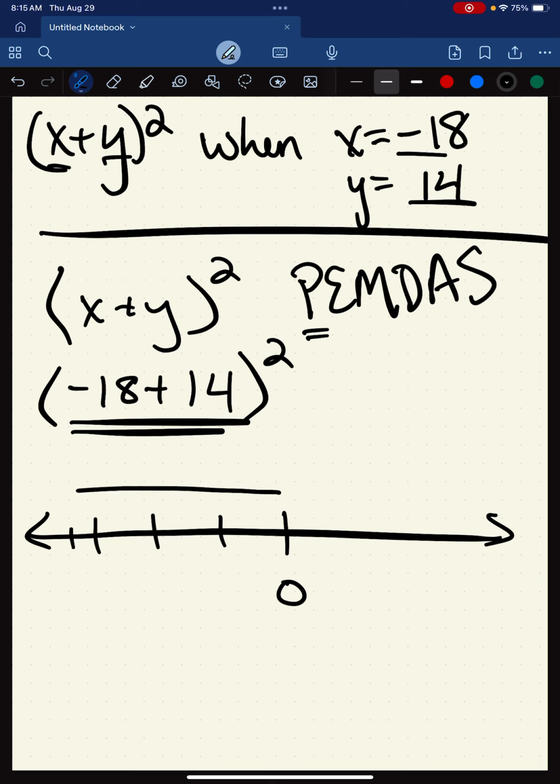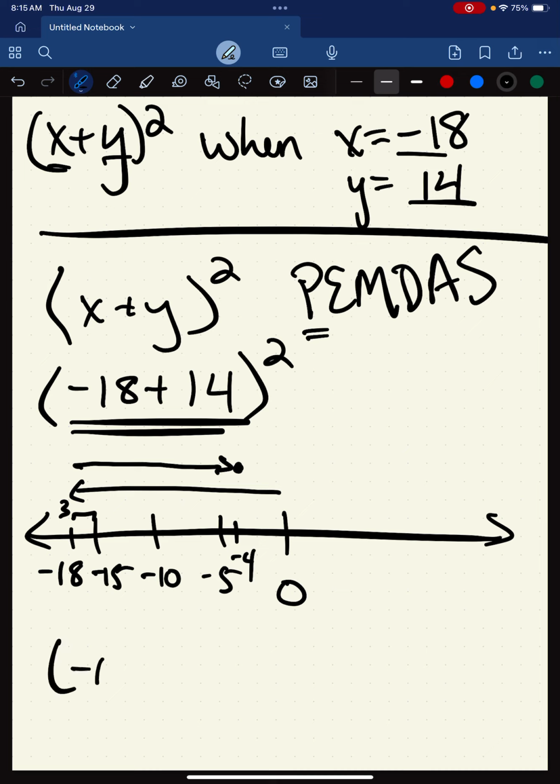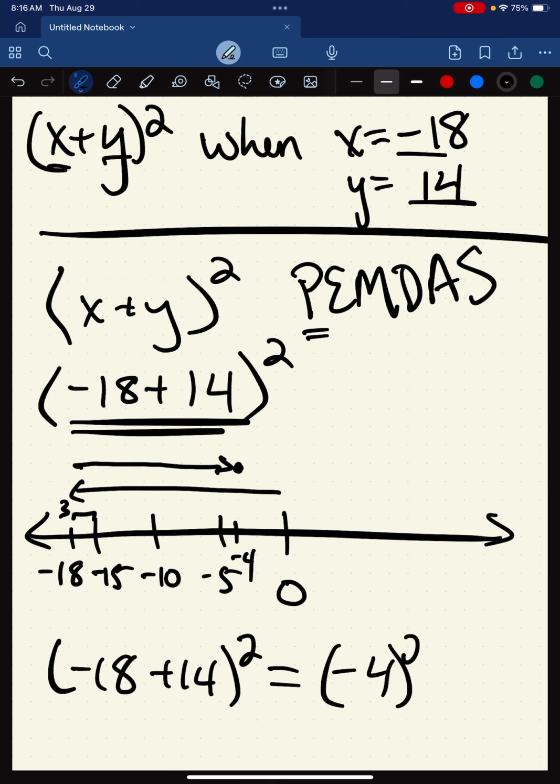We go 18 to the left, and then we go 14 back this way. What are we left with? This distance here is 3, from negative 15, negative 10, negative 5. So we go that distance of 3, and then 10 more, 13, and then one more on this side is negative 4. So negative 18 plus 14, which is x plus y, is negative 4, squared.